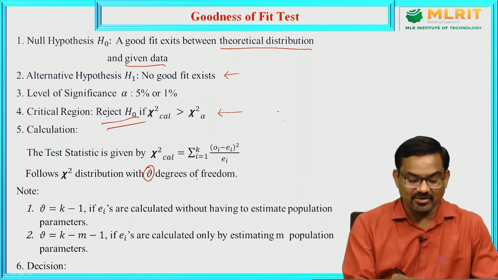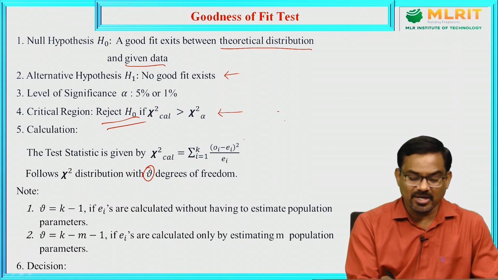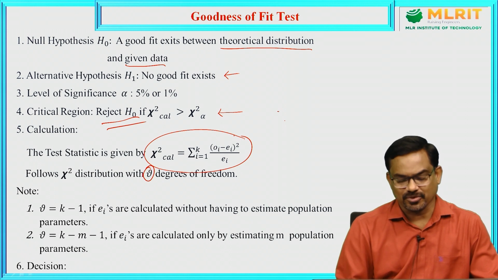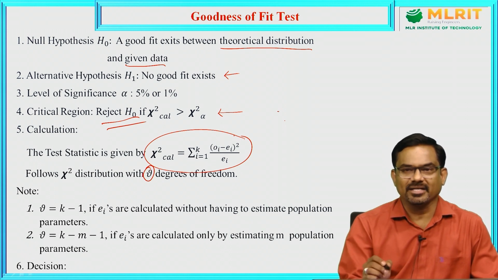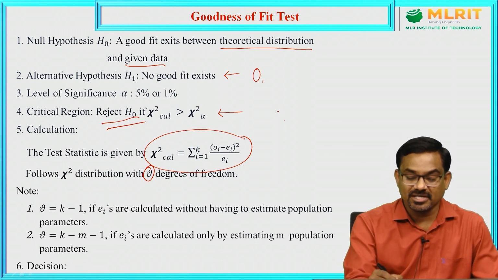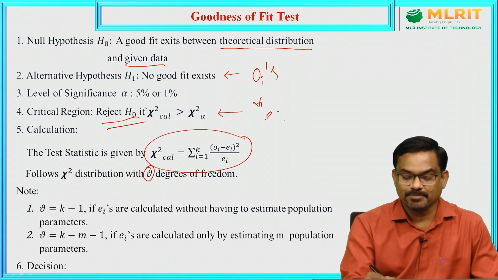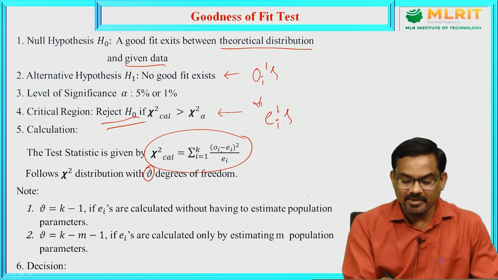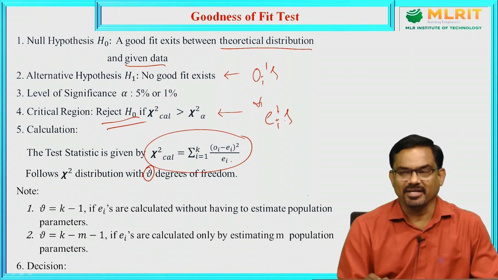The calculated value is given by a formula similar to the testing of hypothesis concerning several proportions, but there we have two categories, successes and failures, so I, J two values are there, whereas here we have only the observed cell frequencies Oi and expected cell frequencies Ei. So the formula is chi-square calculated equals sigma i equal to 1 to k, since there are k values given, (Oi minus Ei) whole square divided by Ei.